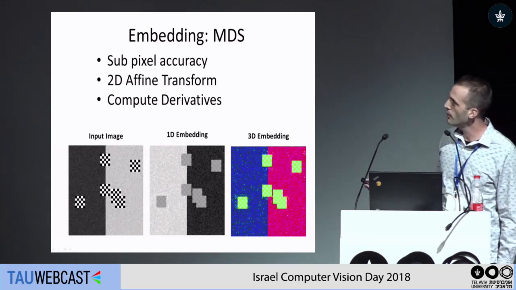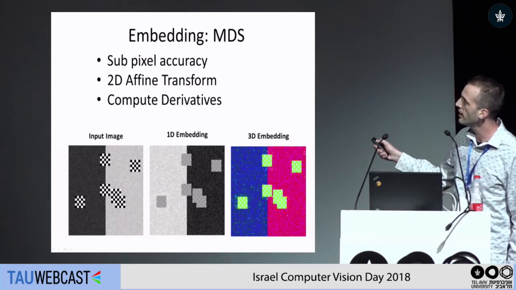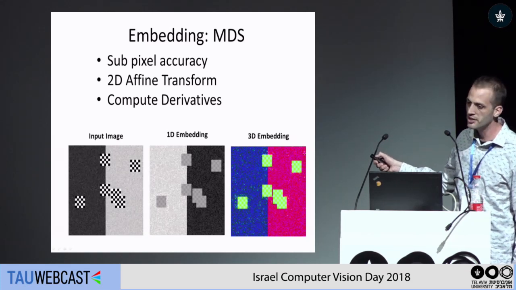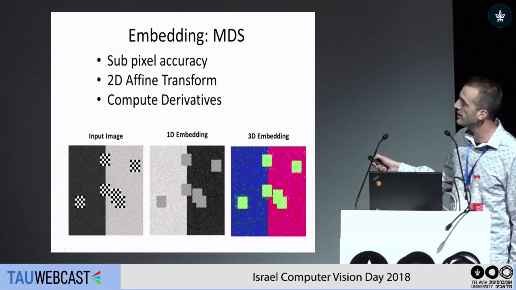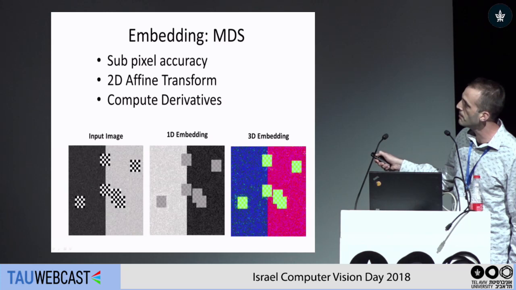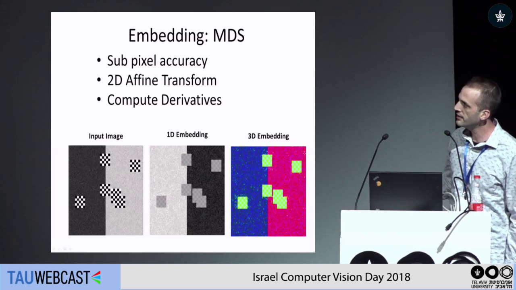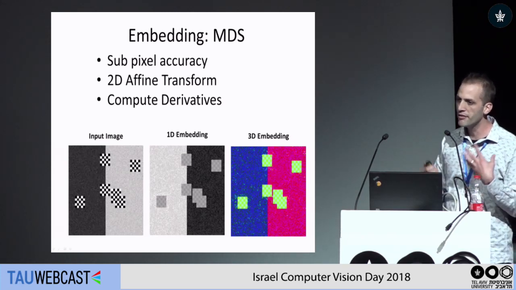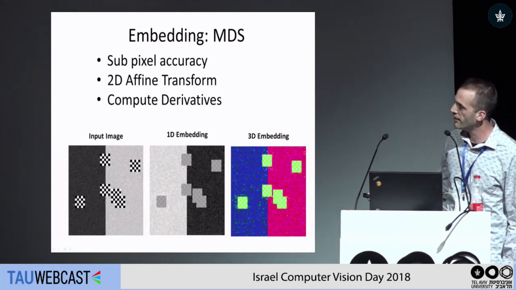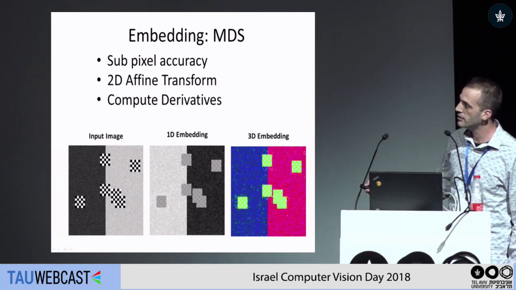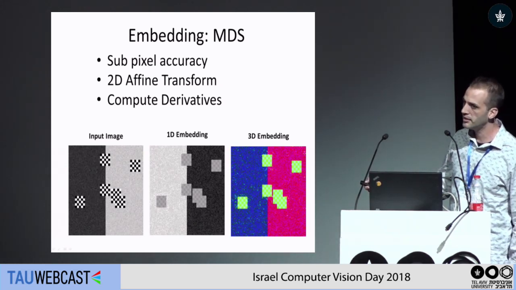Another thing to note is that once we're using higher dimensionality in the embedding, so in this example, we embed into a 3D space, it makes the results better. So take a look at the input image. Actually, we have 3 regions here. We have the light colors, the checkerboard patterns, and the dark colors.